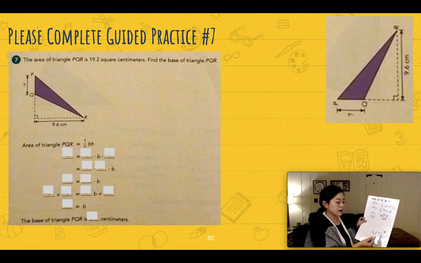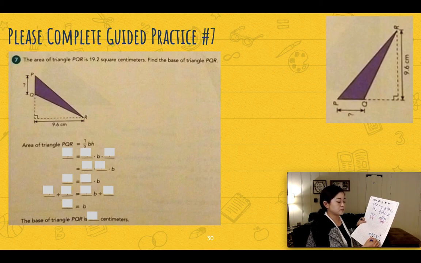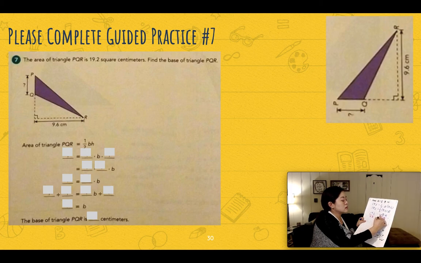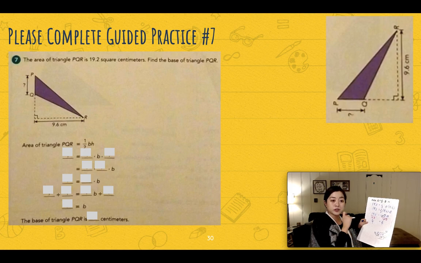And if you do the math, 48 times 4, you're going to get 192. That's 0. Okay. And so my base here is 4. And what's my unit of measurement? I can't forget. It's 4 centimeters.